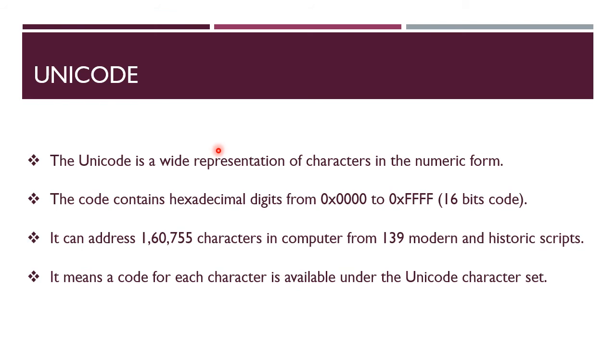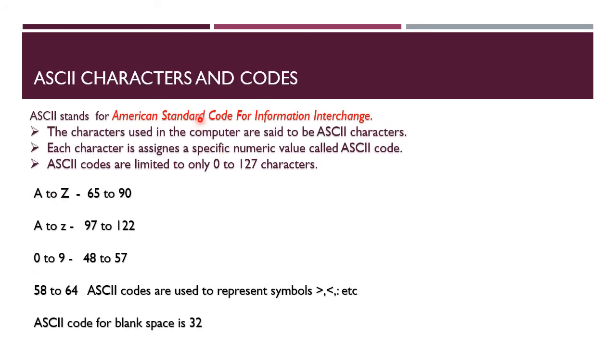The next one is the next coding system: ASCII characters and codes. What do you mean by ASCII? ASCII stands for American Standard Code for Information Interchange. This ASCII provides only a limited number of codes for its characters, whereas Unicode provides a wide range of codes.